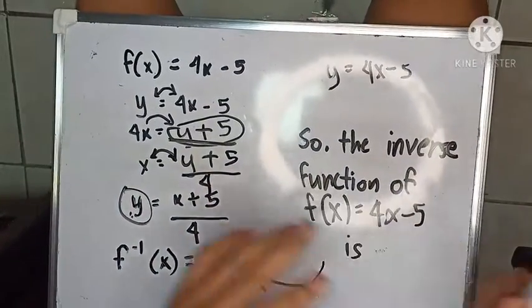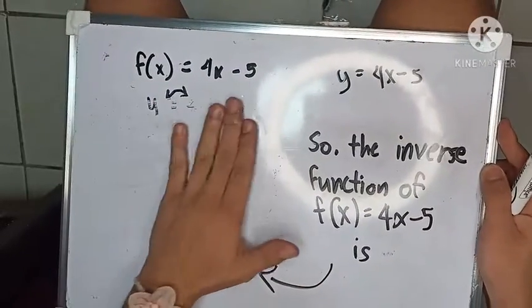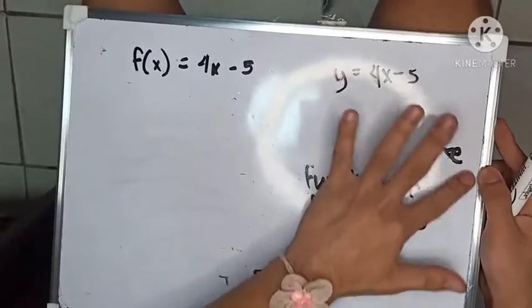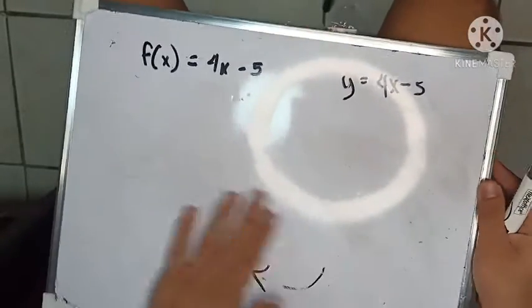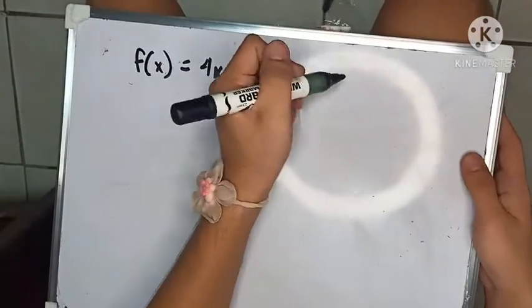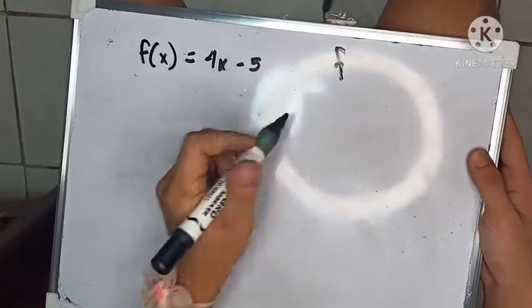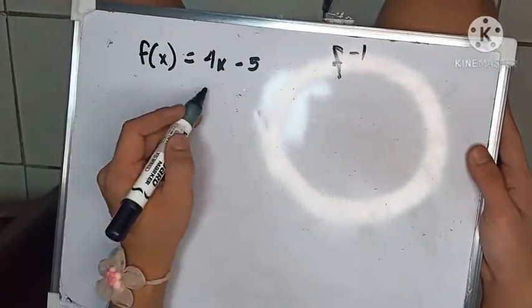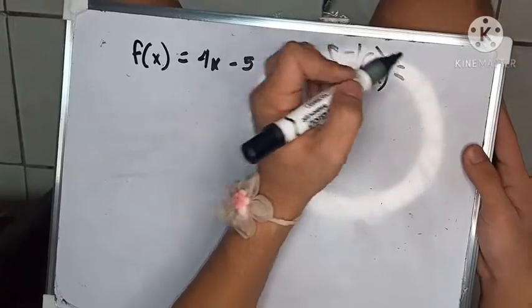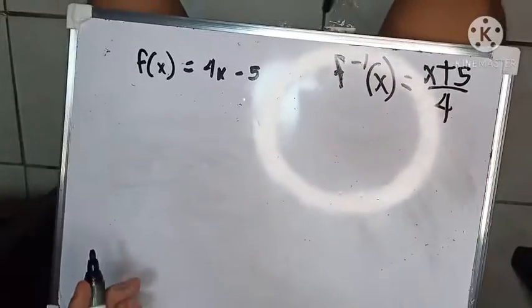Next, we're going to make a graph of the inverse function. This is the inverse function from this example: f(x) equals (x plus 5) over 4.